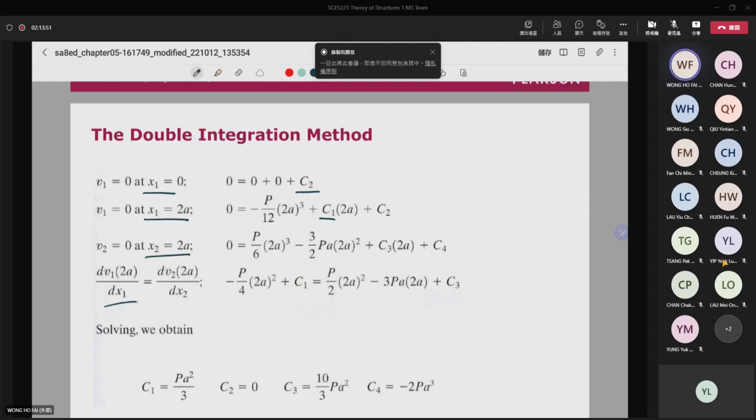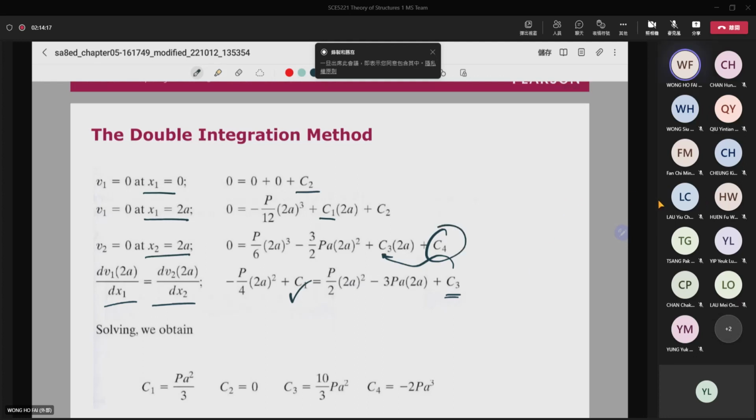And then finally, we can equate the slope on the 2 sides. Then we have an equation here. Because C1 we already know, then we can know C3. Then we can substitute back to find C4 here. So you have 4 equations to find 4 unknowns.